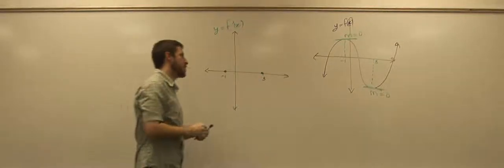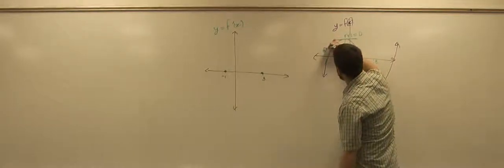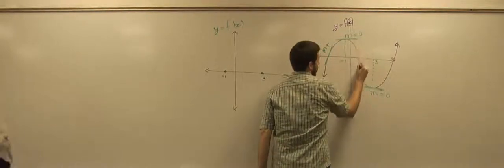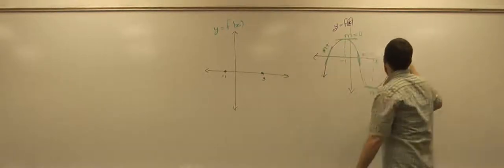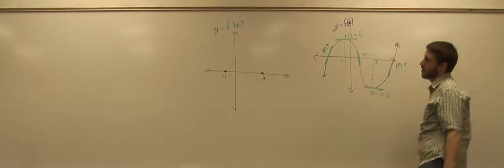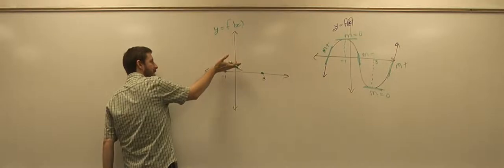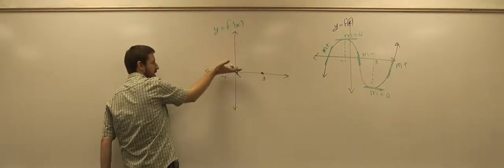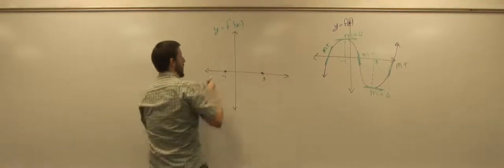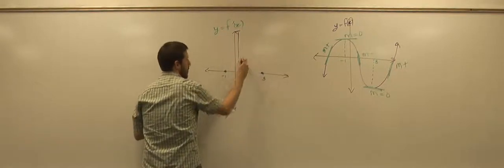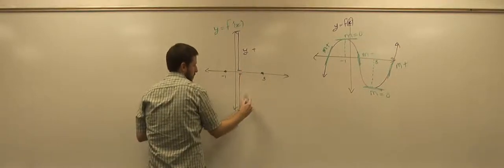Other than that, focus on where the slope's positive and where it's negative. So over here, for example, m is positive, while over here, m is negative, and over here, m is positive. So your derivative has to be positive, meaning the y value has to be above the x-axis. This part of the axis is where y is positive, and this part of the axis is where y is negative.